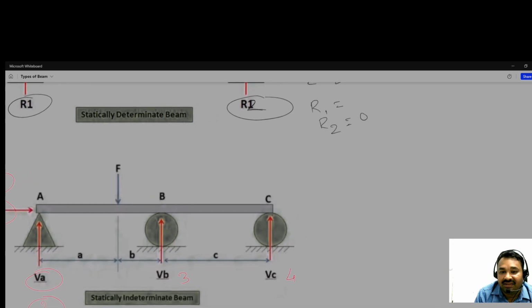We have three equations, but four unknowns, meaning reactions. Okay, so can we solve? From three equations we can solve only three unknowns, but what about the one more unknown? So in this way can we analyze this beam?